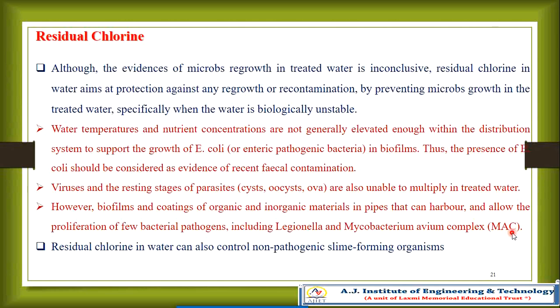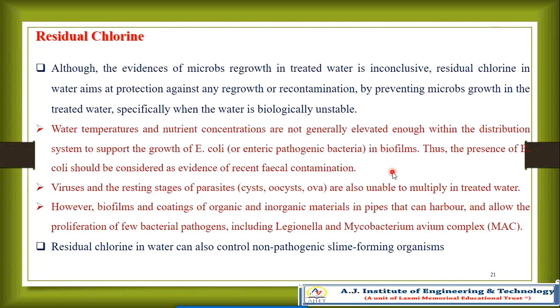Now, concentrating on another topic: water temperature and nutrient concentration are not generally elevated enough within the distribution system to support the growth of E. coli, that is, enteric pathogenic bacteria. What is E. coli?